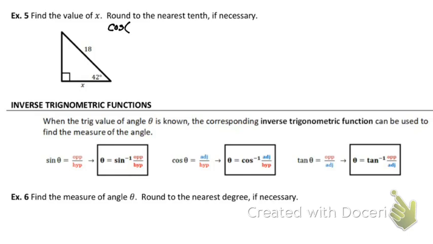Cosine of an angle equals adjacent over hypotenuse. Then you just fill in any information they gave you. They told you the angle is 42 degrees, so you're going to put 42 degrees in place of that. So we have cosine of 42 degrees equals, my adjacent is x, so we'll have x, over my hypotenuse is 18.